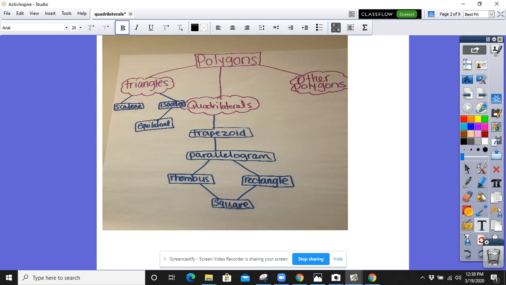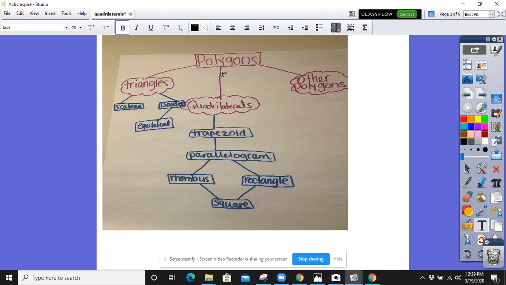So think of a family tree. If you have great-grandparents, the great-grandparents have the children and then grandkids and then great-grandkids and all of that. If this is you, that means you have all of the characteristics of all of these. You have every characteristic of all the things that are above you. You have the characteristics of your parents, your grandparents, your great-grandparents.